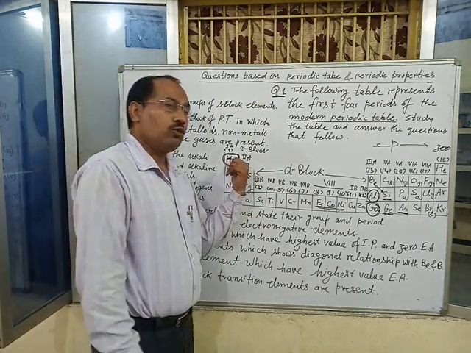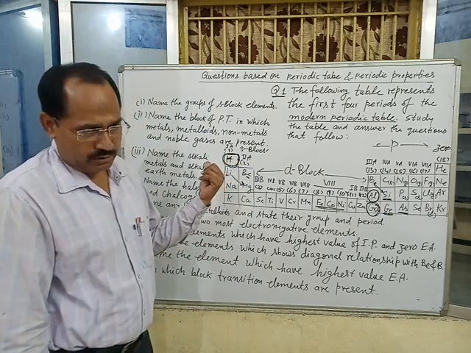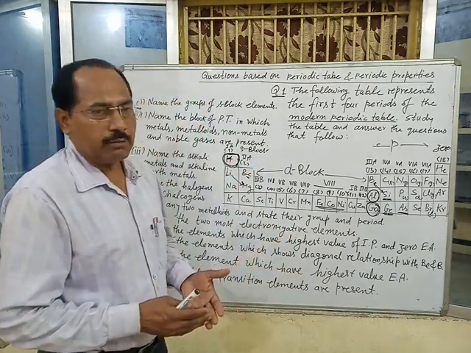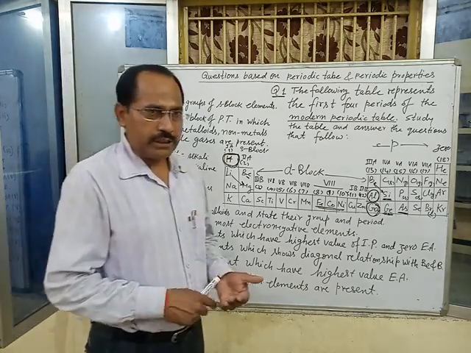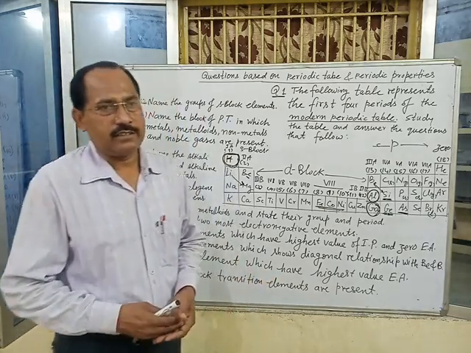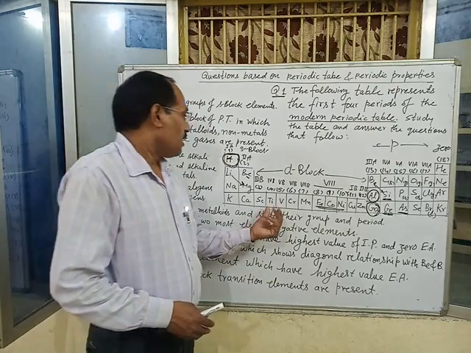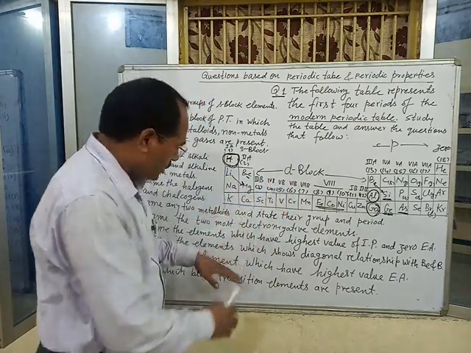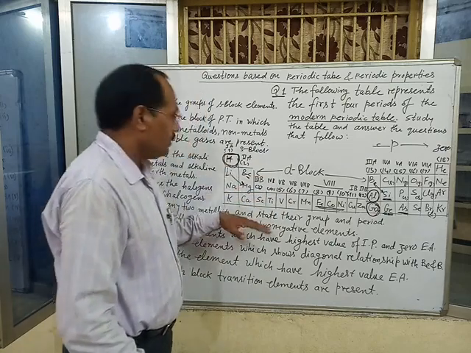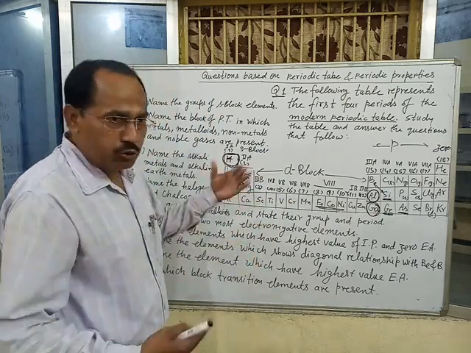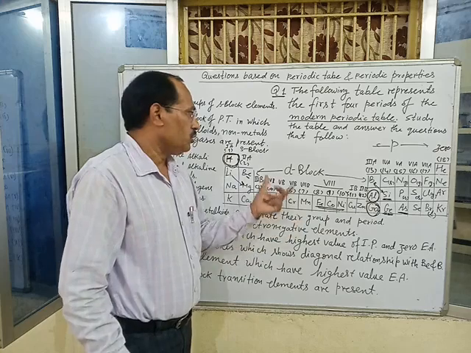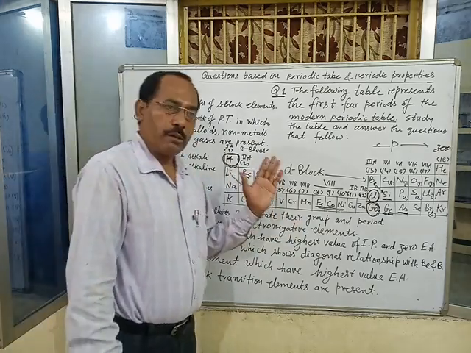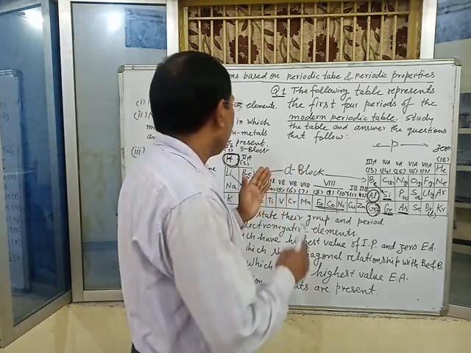And the second drawback of the periodic table is the F block elements, that is lanthanides and actinides, which are not adjusted in the periodic table. They are placed at the bottom, below the periodic table, outside of the periodic table. So these two points are the main drawbacks of the modern periodic table, which cannot be removed till now.